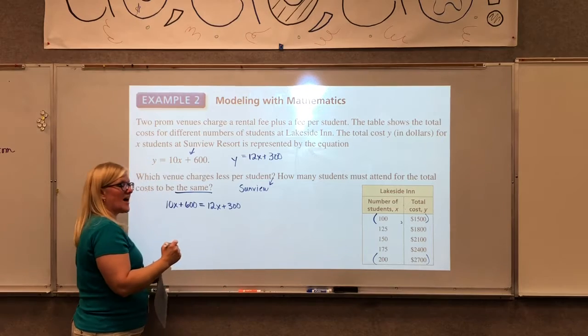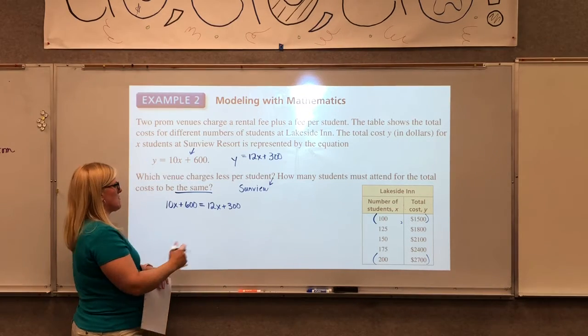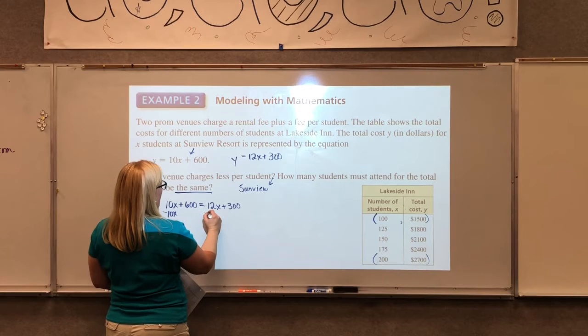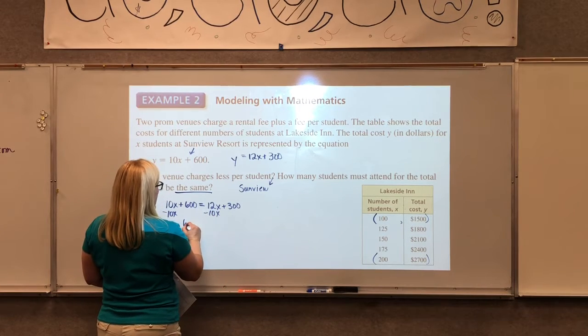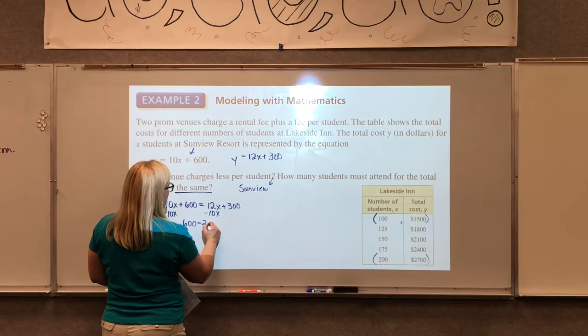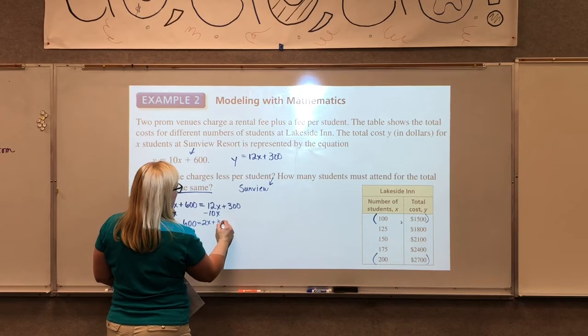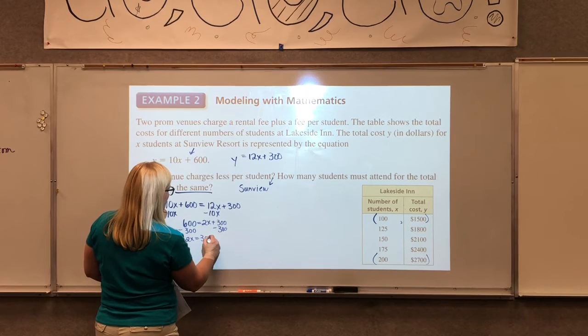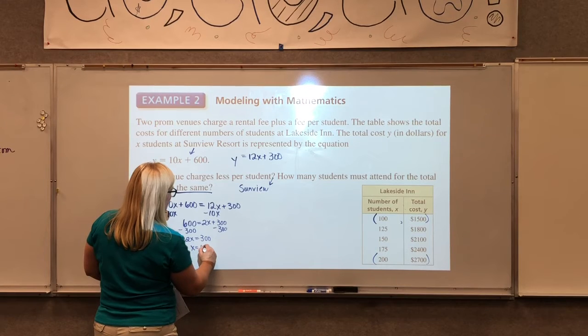And we're going to find out when they cost the same amount. So if I subtract 10x from both sides, I get 600 equals 2x plus 300. Minus 300. So 2x equals 300, x equals 150.